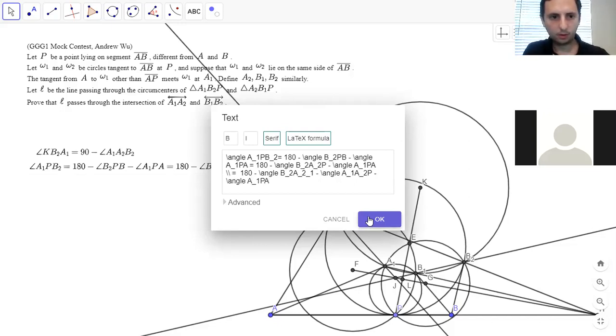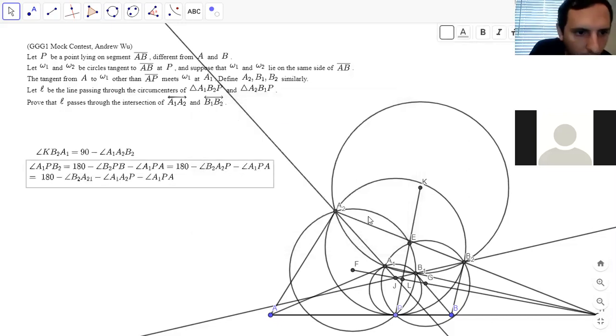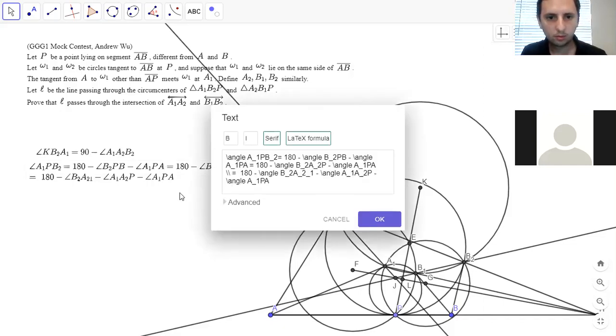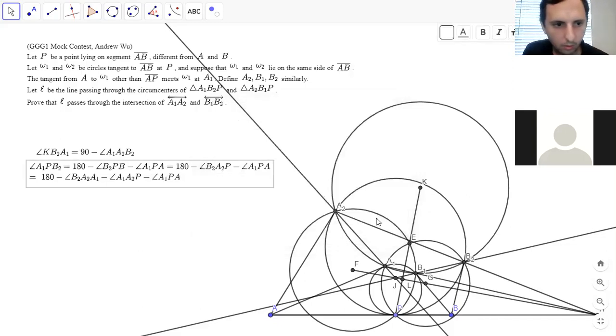Okay. Yeah. So we need to prove that A1 A2P plus A1 PA is 90 degrees.